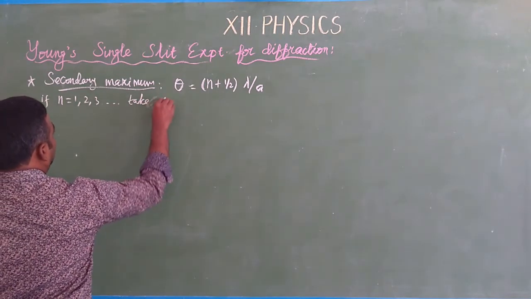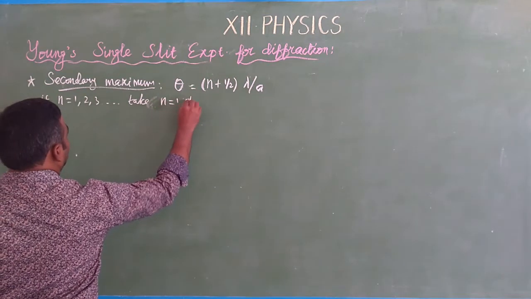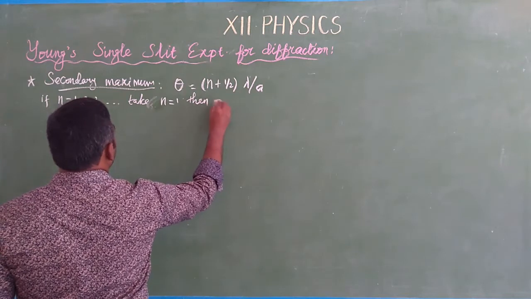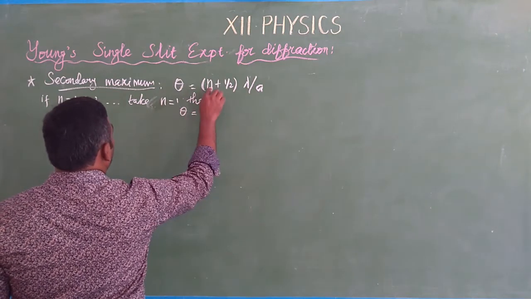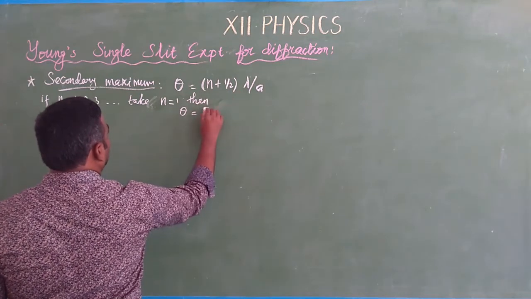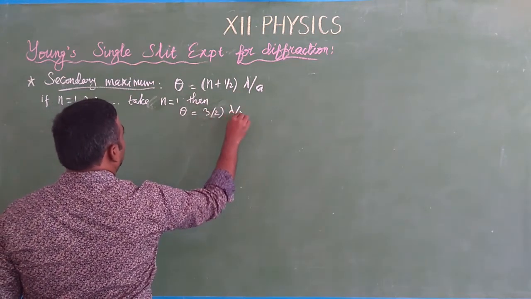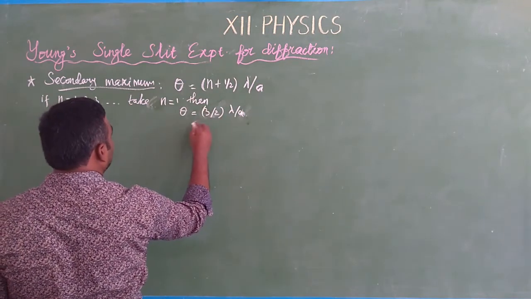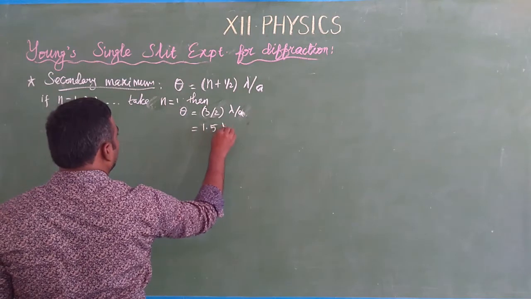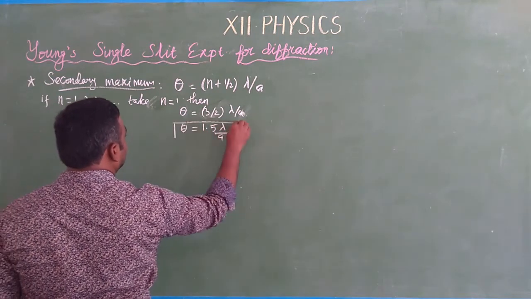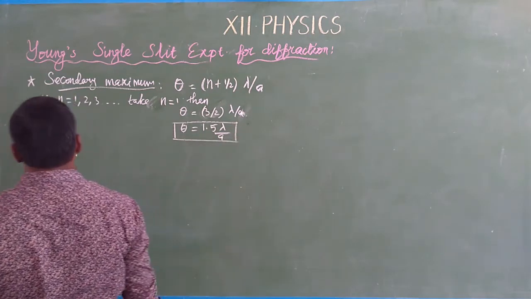Then what is the theta? Theta is equal to 1 plus 1 by 2. What is the 1 plus 1 by 2? It is a 3 by 2. So 3 by 2 of lambda by a, which is equal to 1.5 lambda by a. So we got the theta value for a secondary maximum.